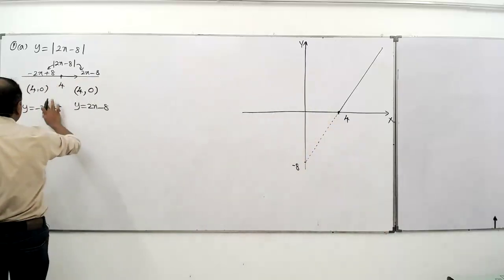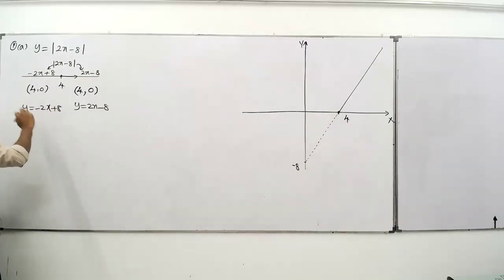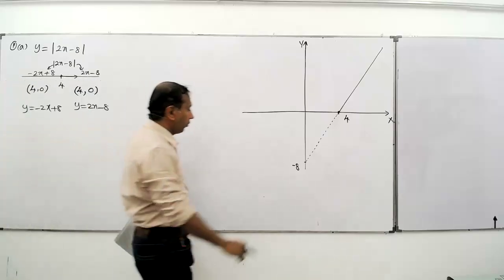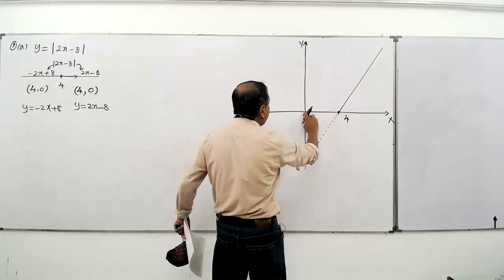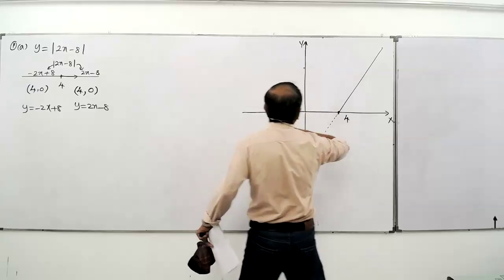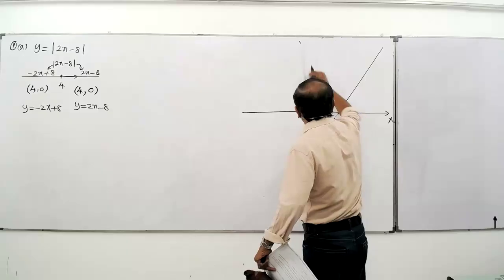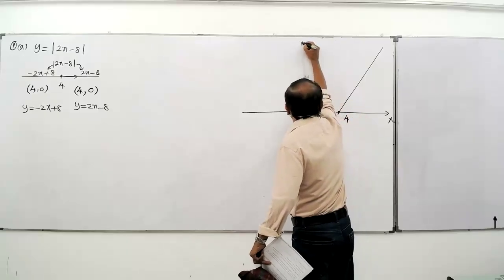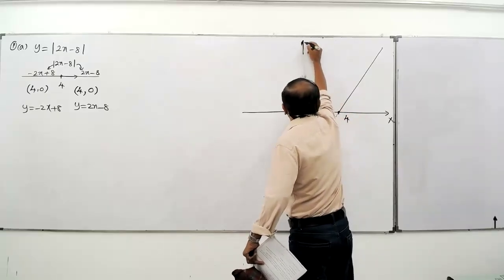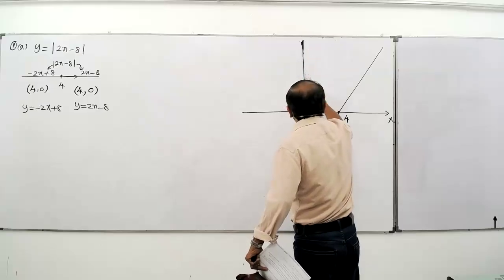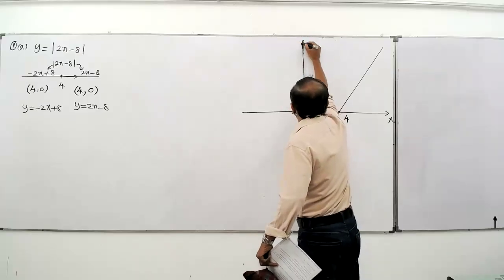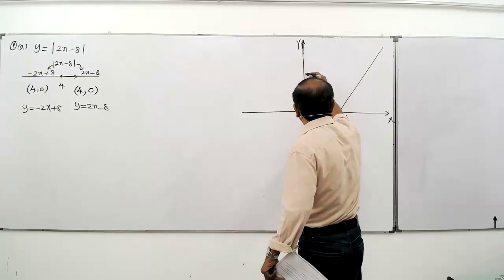This one, minus 2x plus 8, the intercept is plus 8. Okay, the same 8 we have to take somewhere here. Right, this way. Here I take plus 8.